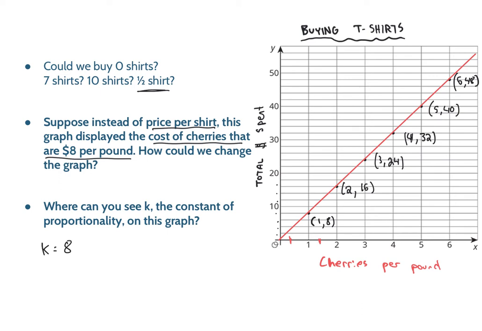And I'd like you to notice that right here, where X equals 1, we have the point (1, 8), where Y equals 8. And that is actually going to represent your constant of proportionality on any proportional graph. So when X equals 1, Y is going to equal K at that point.